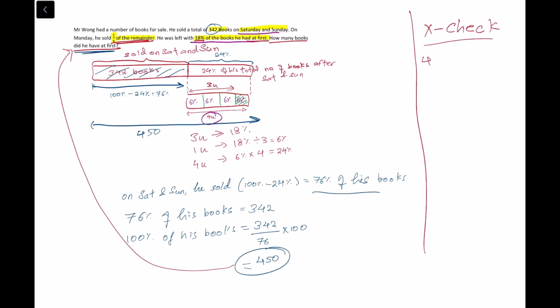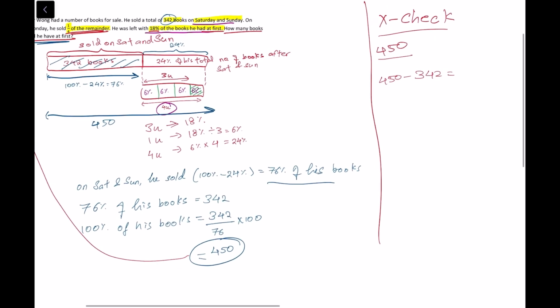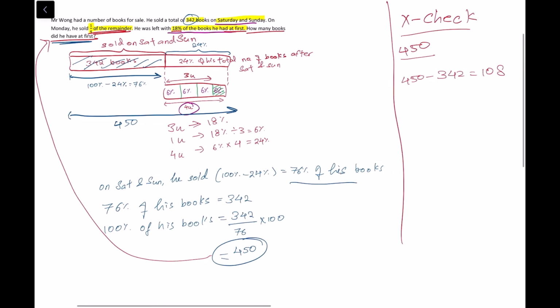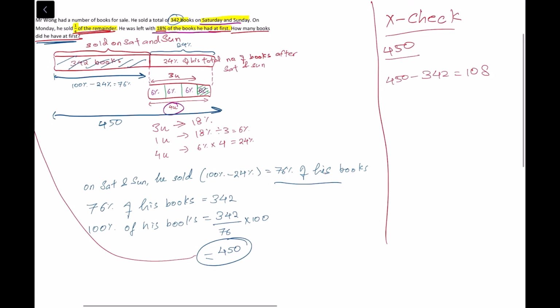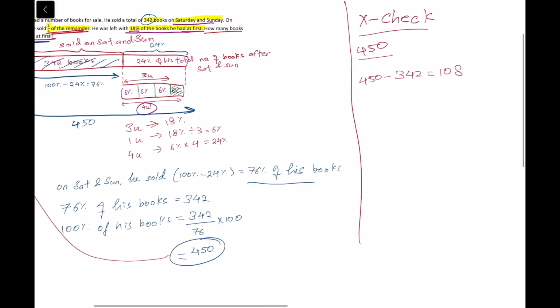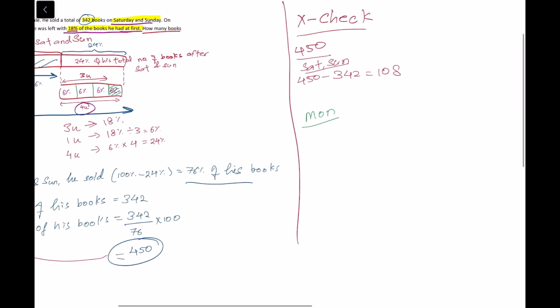He had 450 books at first, and on Saturday and Sunday he sold 342 books. So 450 minus 342 gives us 108. So he was left with 108 books after Sunday. Then on Monday he sold 1/4 of the remainder.